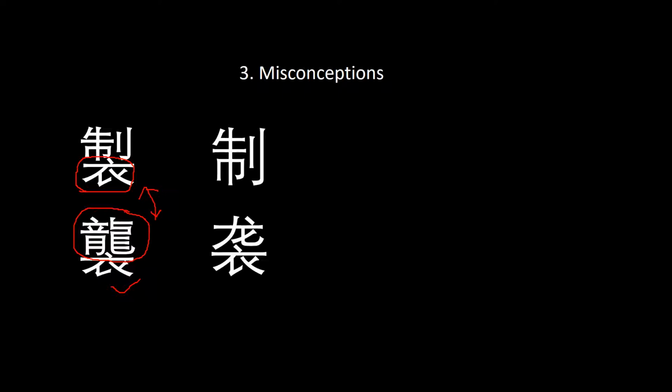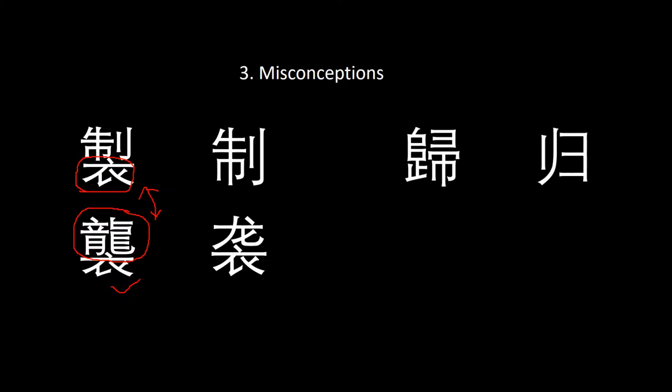In the second case, you only simplify the top component, 龙, into something like the right hand side, you see. So this is another example of the same radical at the bottom, but when you write the simplified form, it doesn't apply the same logic. It's still written differently.